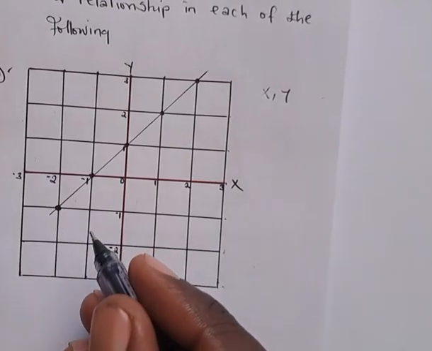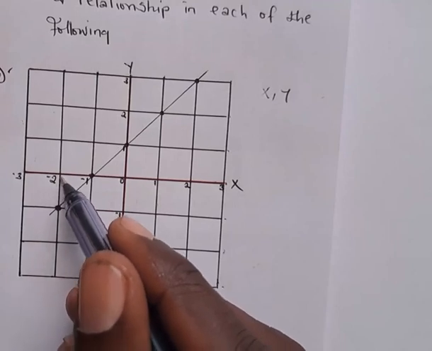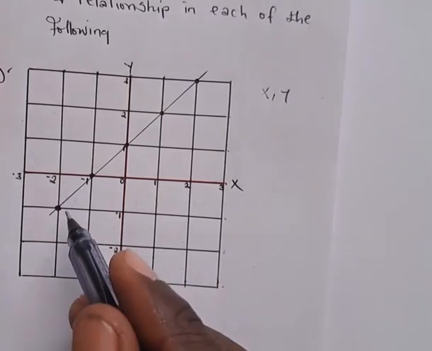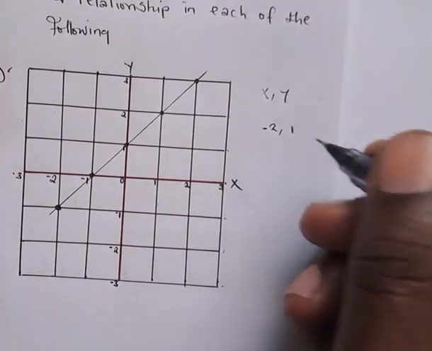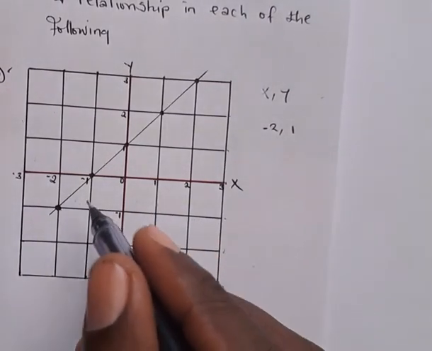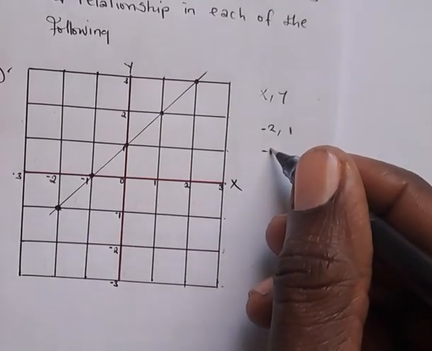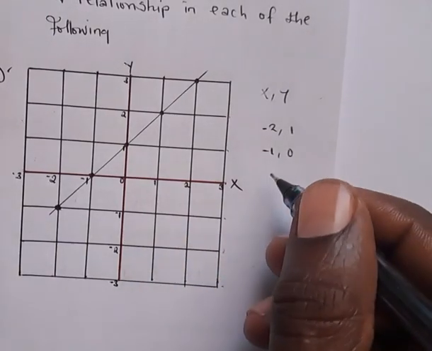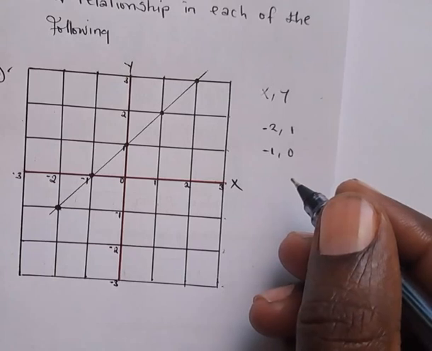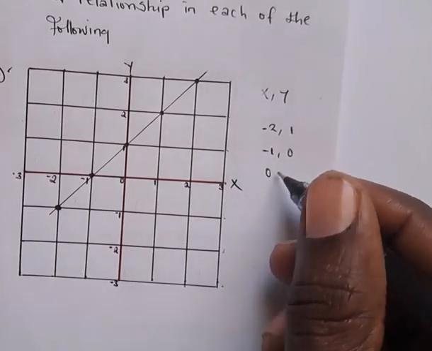This point is (-2, 1), because we start with the x-axis, then we go to the y-axis. Then the other one here is (-1, 0). Then that other one there is (0, 1).